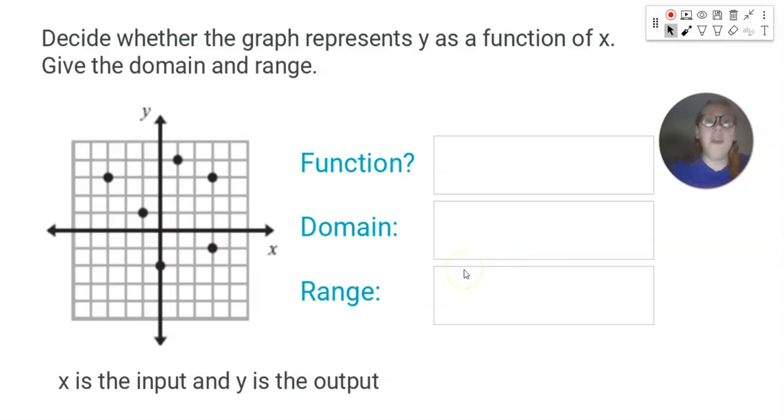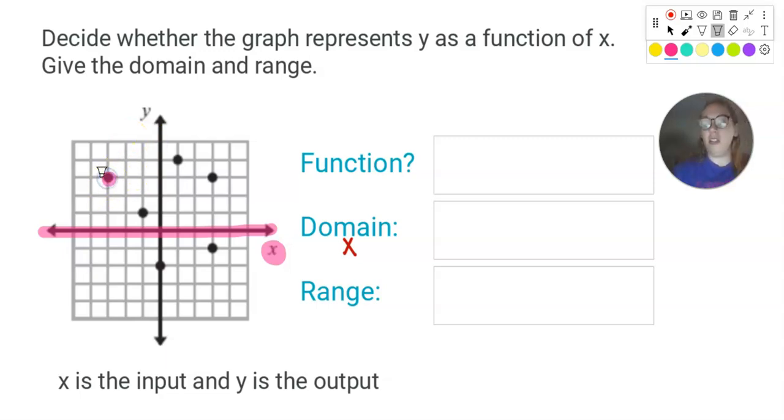This says decide whether the graph represents y as a function of x, or whether it does, give the domain and range. Remember that domain is our x values. That's our x axis, so we want to go smallest to biggest.